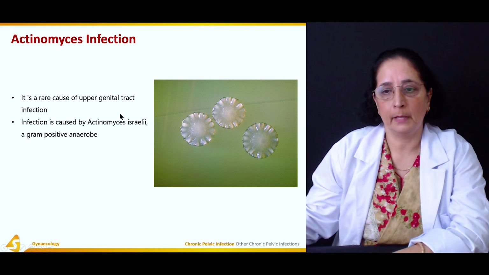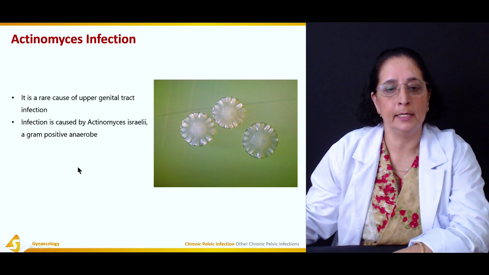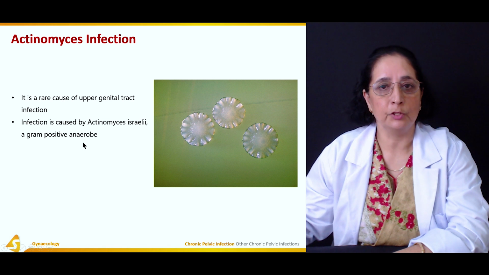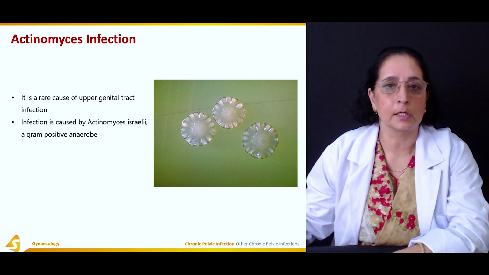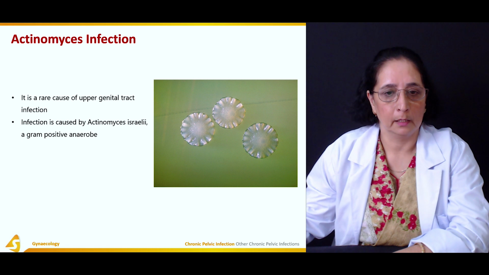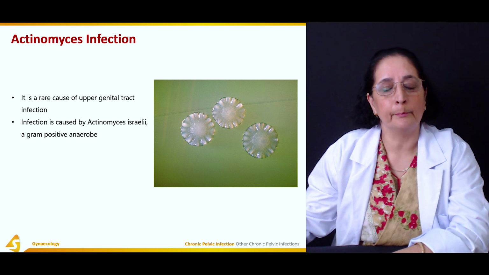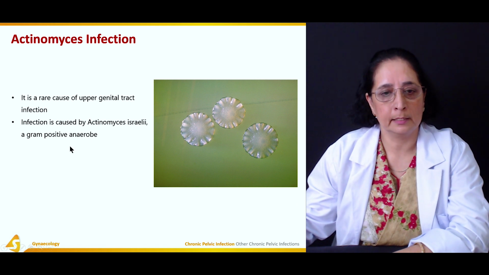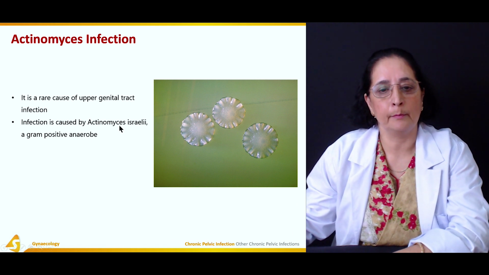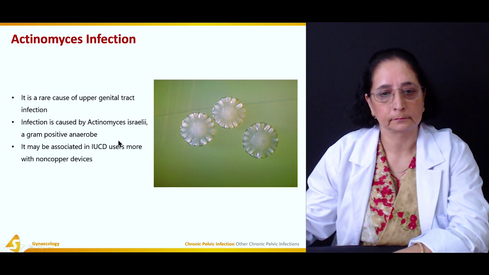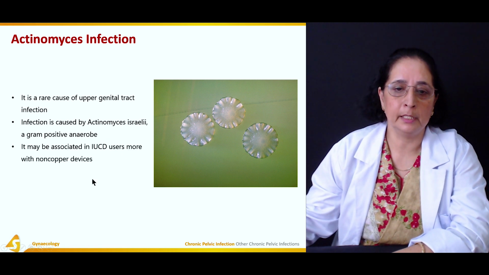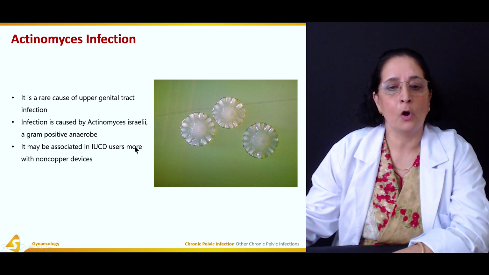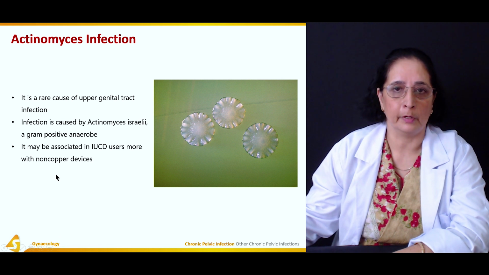Anaerobe means it does not require the presence of oxygen for growth, and it's gram-positive, meaning it is stained by the gram stain. It is usually associated with patients who are on IUDs, usually non-copper devices.